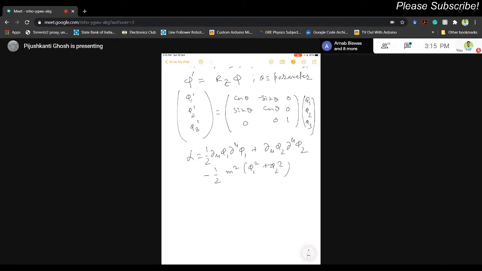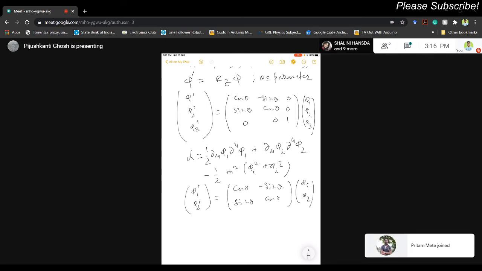Okay, now check that this equation is invariant under this transformation. This is a Lorentz invariant Lagrangian density.